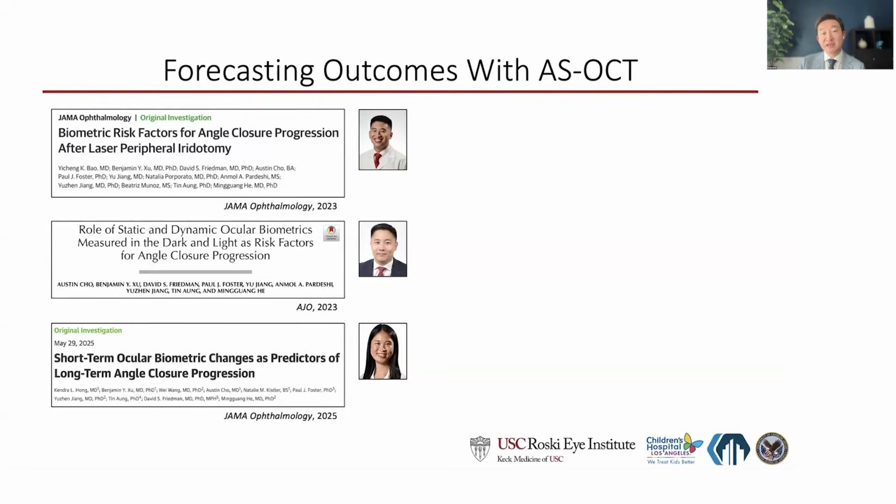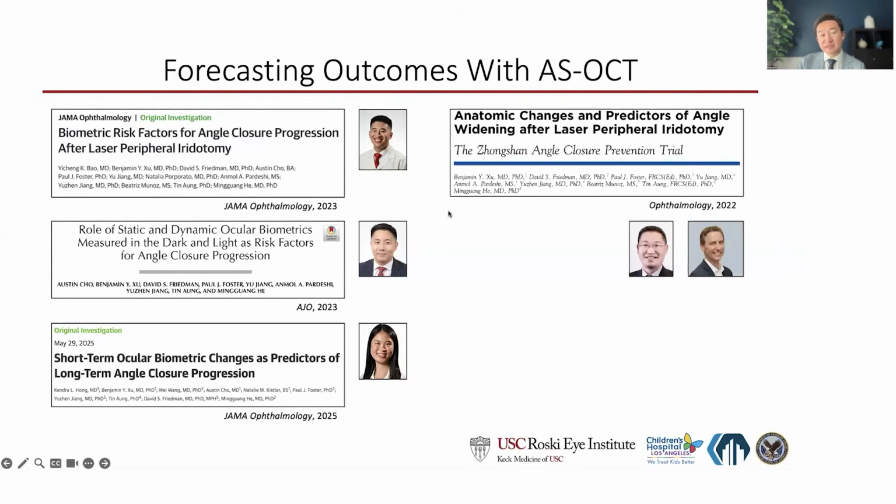And we found that actually the measurements in the light were more predictive, perhaps because most PACS eyes are very narrow in the dark, and it's actually the eyes that remain narrow in the light that are at higher risk of progression. The most recent study that we conducted, we looked at 18-month changes in biometric measurements and found that these short-term changes can forecast long-term progression, which highlights the importance of continuing to follow and image our patients over time.